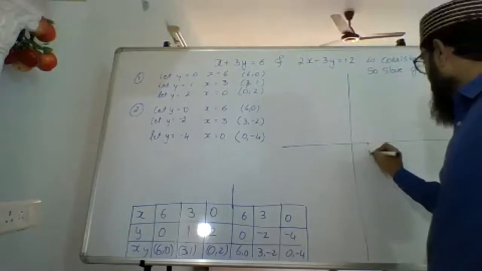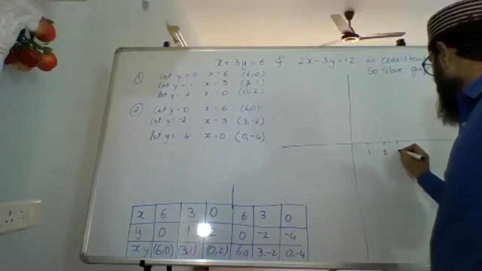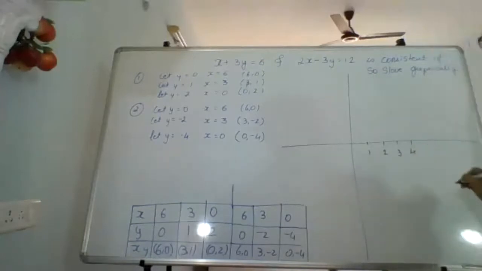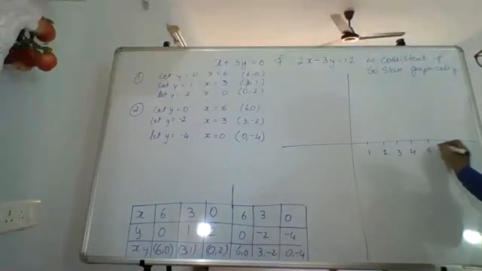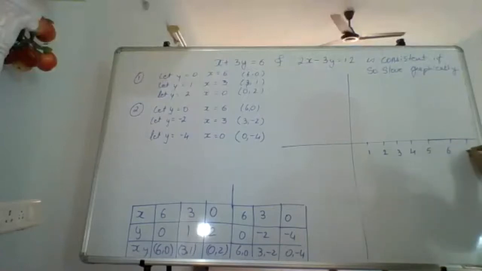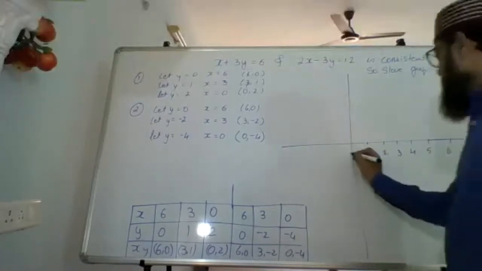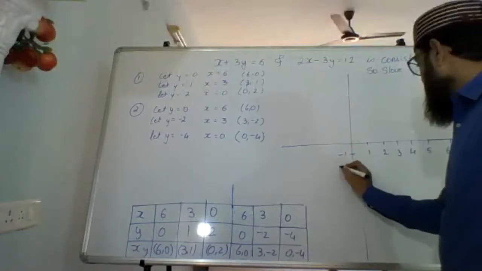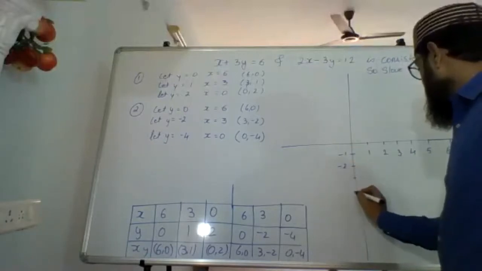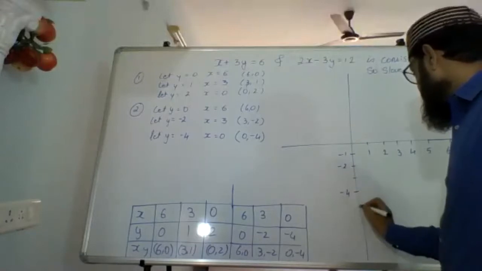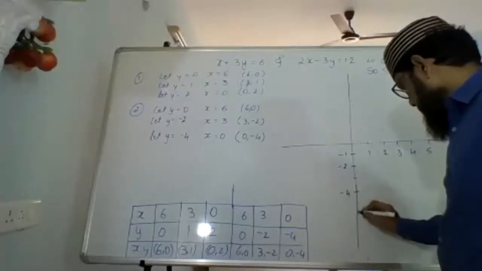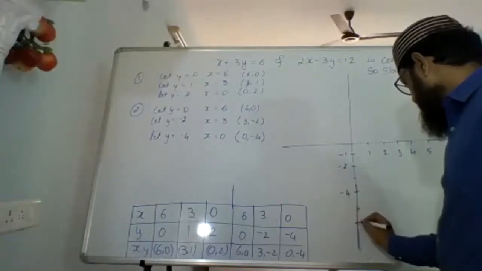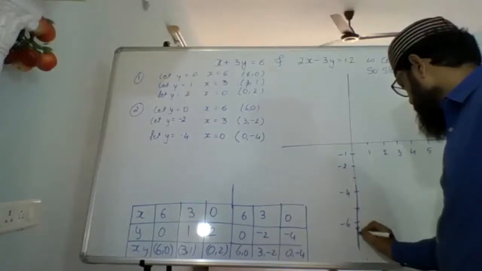So I'll have 1, 2, 3, 4, 6, 7, and so on. Then minus 1, minus 2, minus 4, minus 6, and so on.